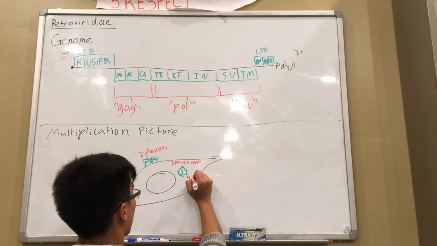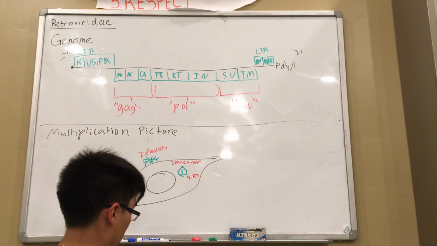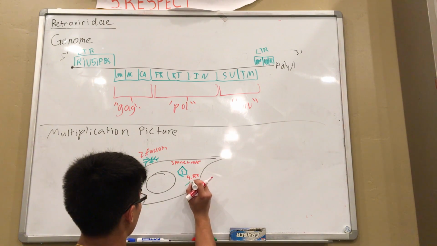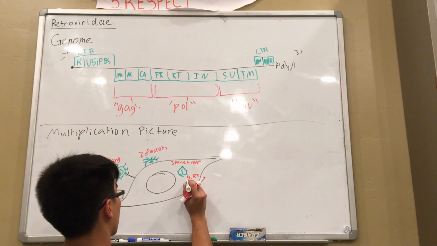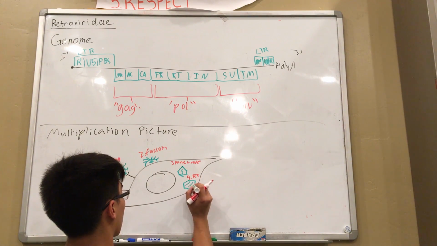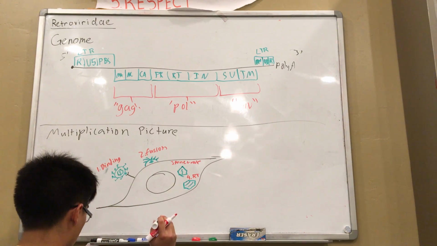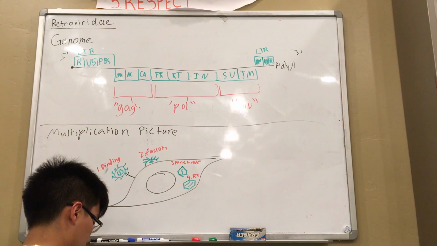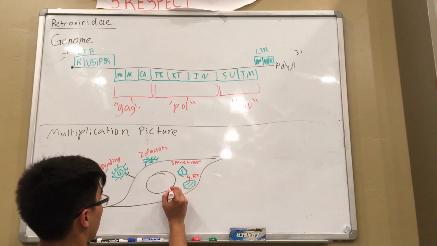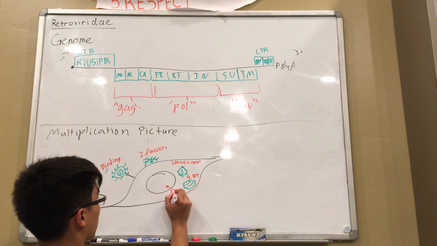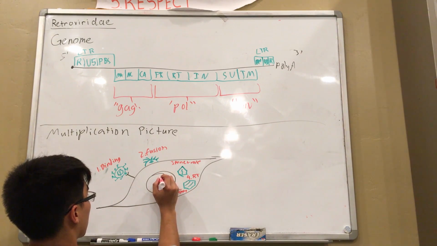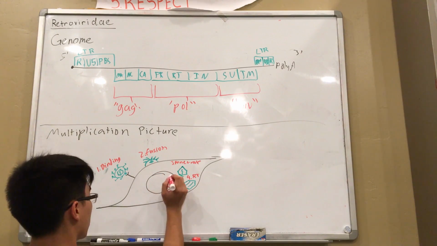And then the 4th step, you reverse transcribe the genome. So you end up getting just those 2 lines that represent your double-stranded DNA. And step 5, you transport that double-stranded DNA to the nucleus.